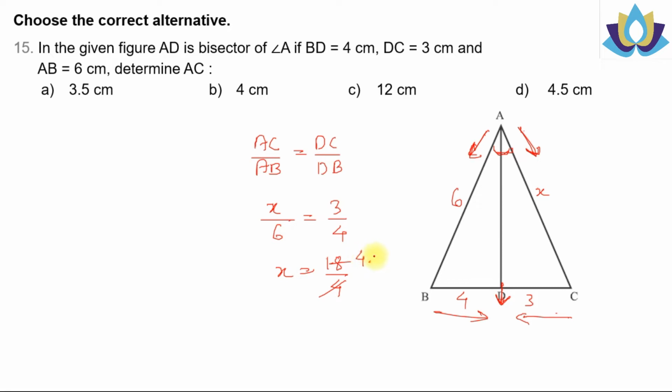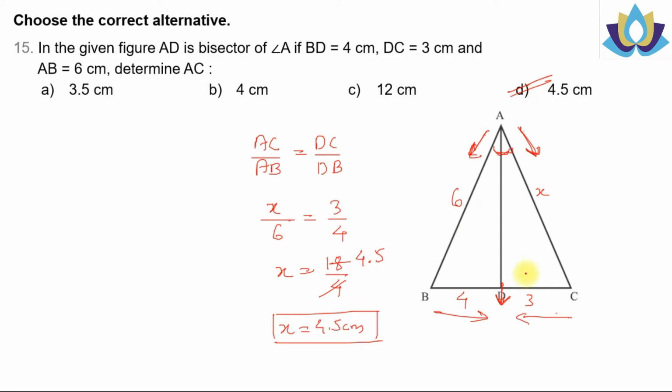You are left with 2 after that, and after putting a decimal point, it will be 4 5s are 20. So your answer is X equal to 4.5 centimeters. That is the length of the side AC. So that's option D. Typically, if some question comes, they will look like this only. So this is the question with the interior angle bisector.